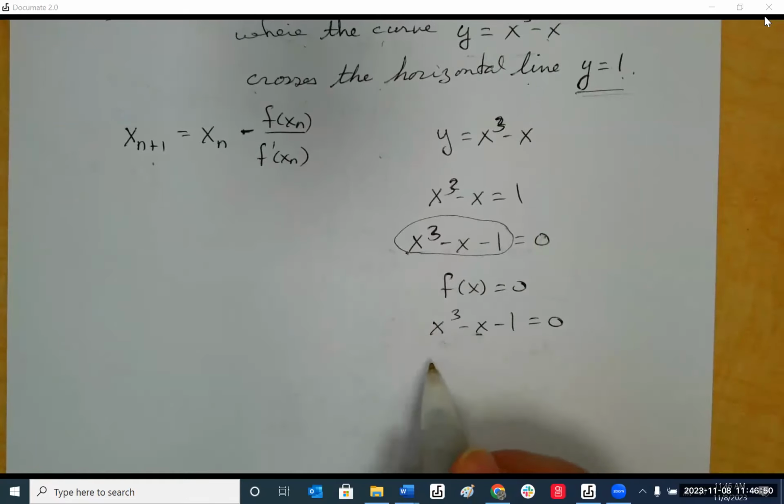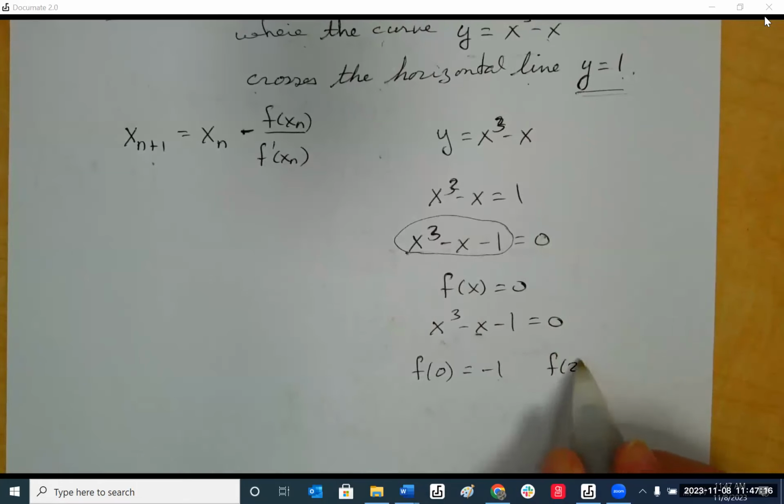Well, let's plug in some points. Let's see. At f of 0, we got -1. And at 1, it'll be the same value, -1. How about f of 2?